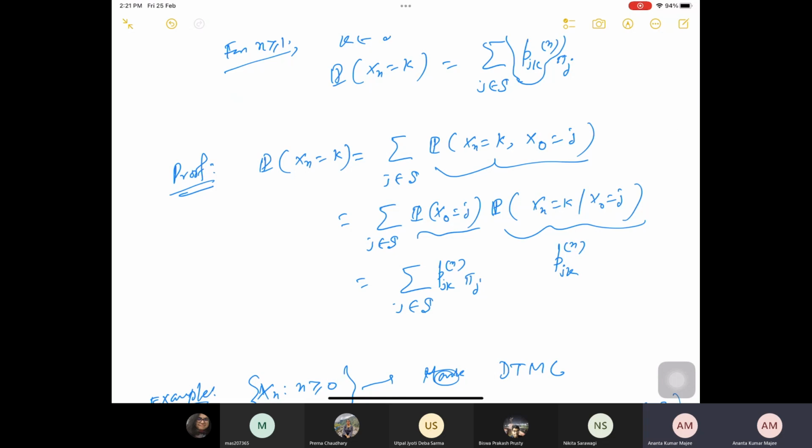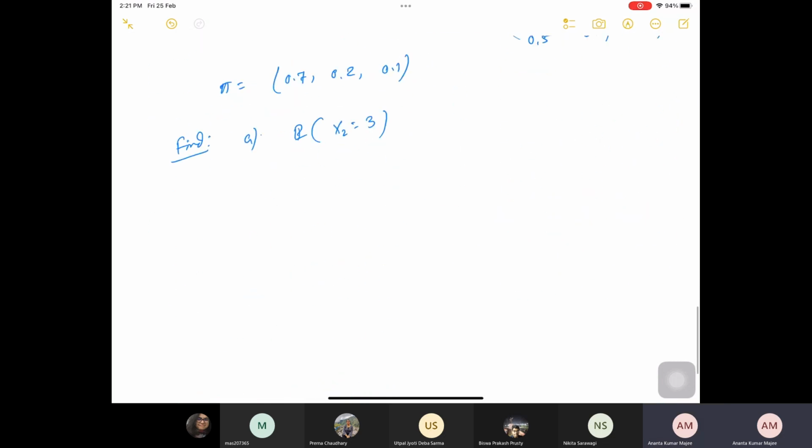That is the element of your n-step transition probability matrix. So here n is equal to 2, so I need to find P2. This is nothing but P times P, where P is your one-step transition probability matrix, which is given to you.